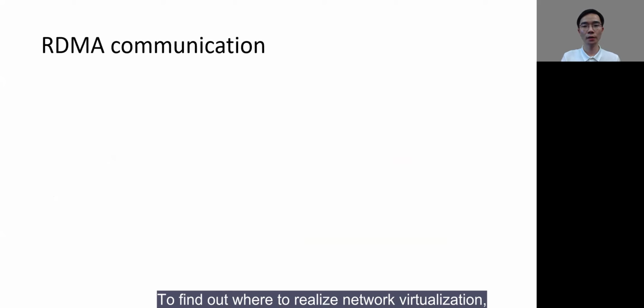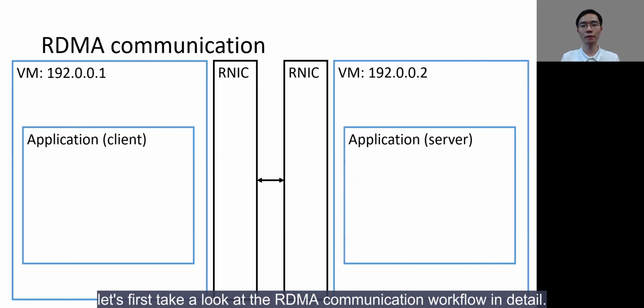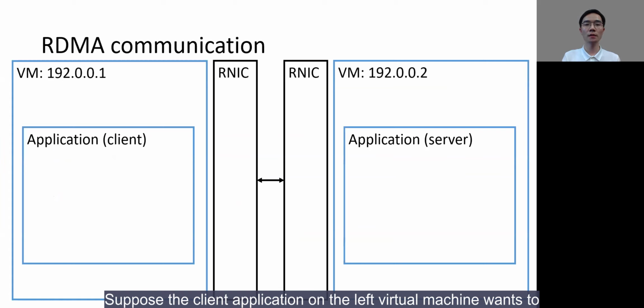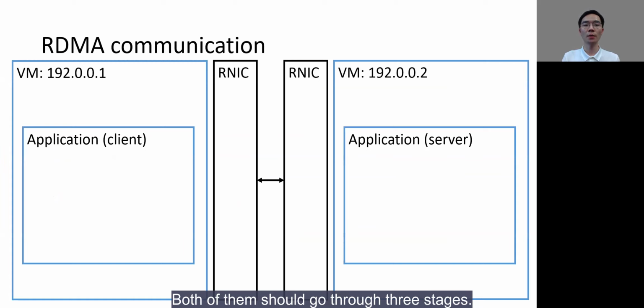To find out where to realize network virtualization, let's first take a look at the RDMA communication workflow in detail. Suppose the client application on the left virtual machine wants to send some data to the server application on the right virtual machine. Both of them should go through 3 stages.